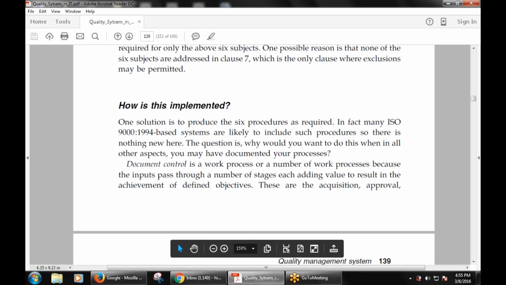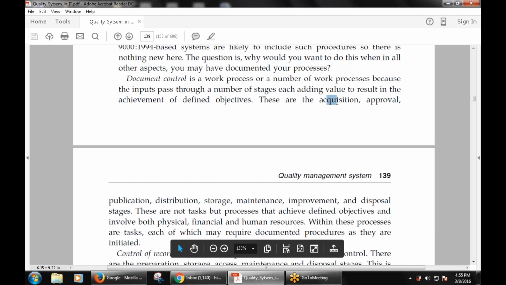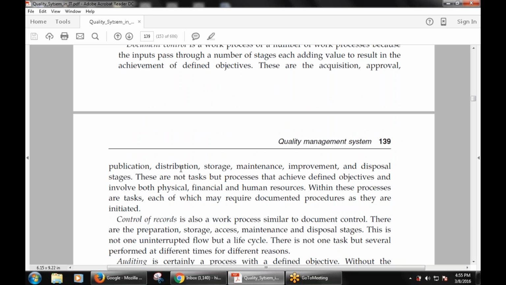What are the various defined objectives that are carried out? And what are the various stages? These stages are acquisition, approval, publication, distribution, storage, maintenance, improvement, and disposal. These are the stages carried out for the defined objectives.